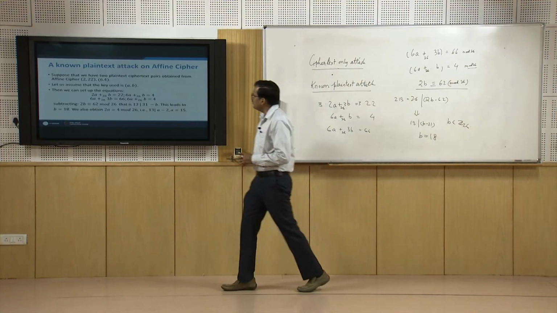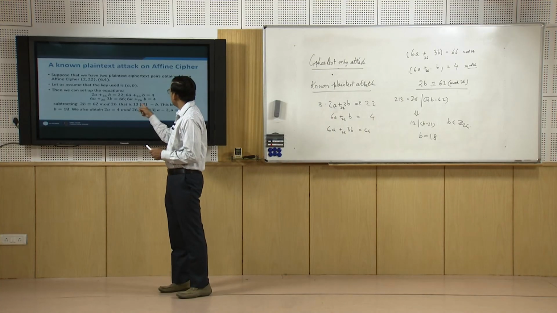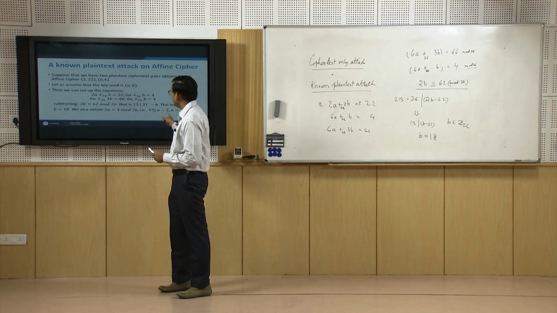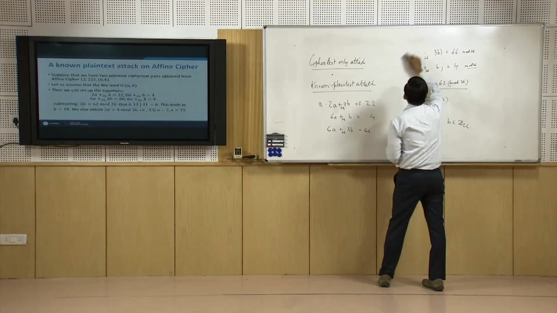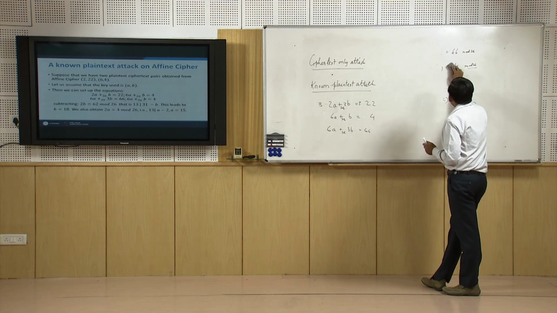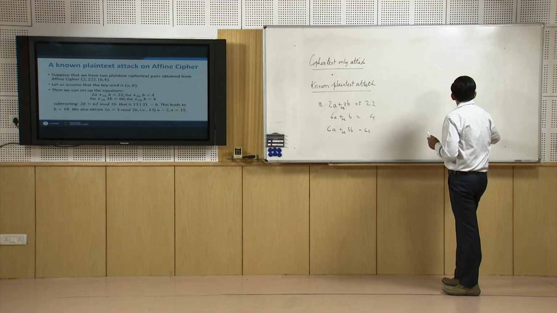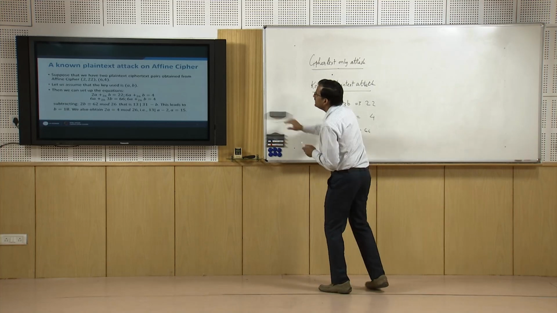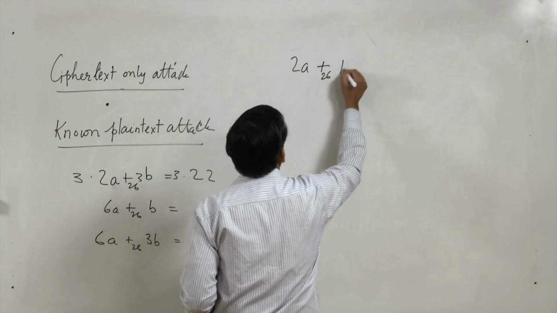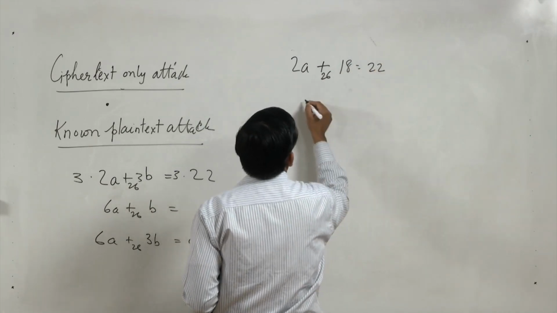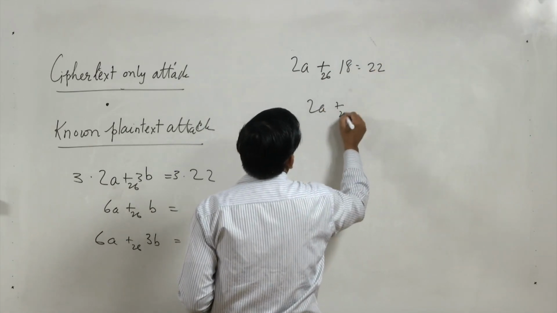So, I have retrieved B, B is 18, and then I put the value of B in the first equation, so that I get 2A plus 18 equal to 22 mod 26.